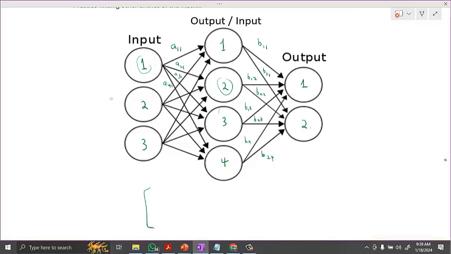You can see that the B matrix is going to have the number of rows equal to the number of outputs, and the number of columns is going to be the number of intermediate states. So I have 1, 2, 1, 2, 3, 4. I have B11, B21, B12, B22, B13, B23, and then B14, B24. Okay. So this is the matrix B.